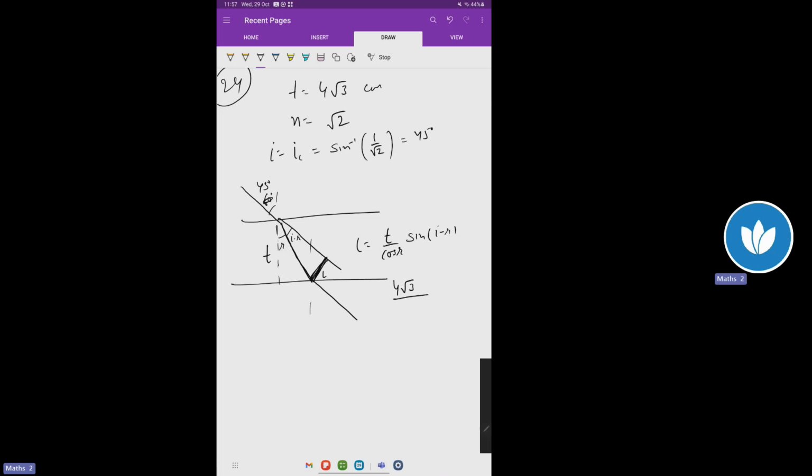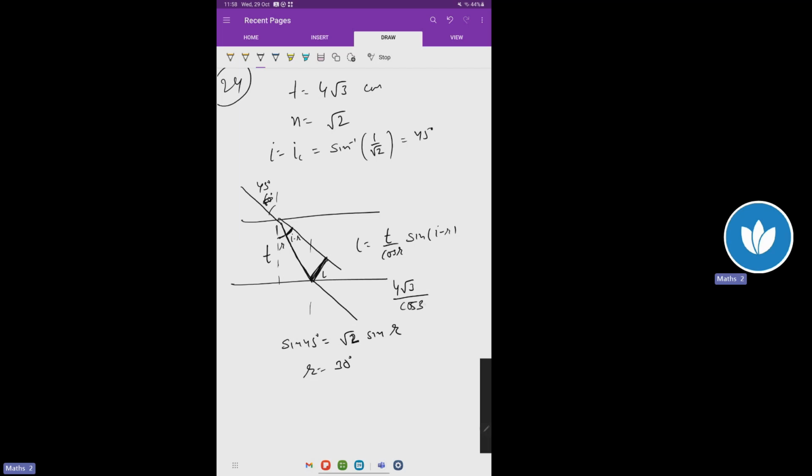Okay, first find this R. From Snell's law, sine 45 degree is equal to root 2 sine R. So R is 30 degree, and this is 15 degree.